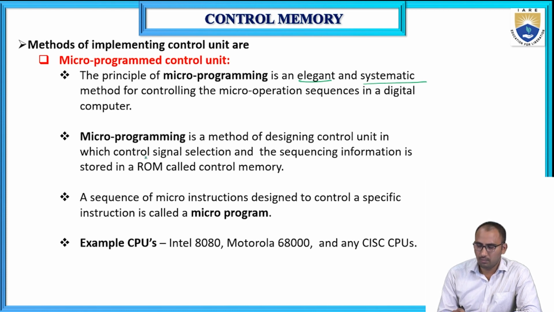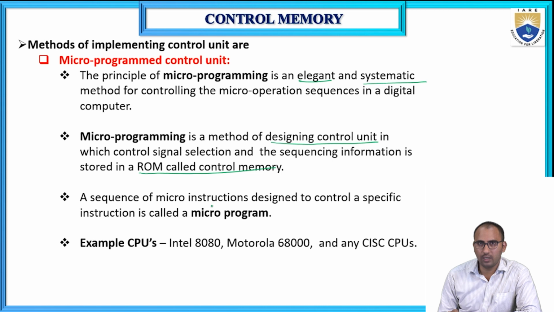Microprogramming is a method of designing a control unit in which the control signal selection and sequencing information is stored in a ROM called control memory. Control memory is the memory present in the control unit, and in it we store the microprogram.